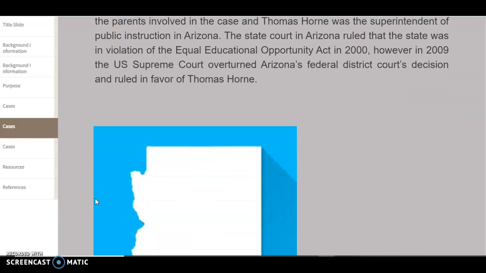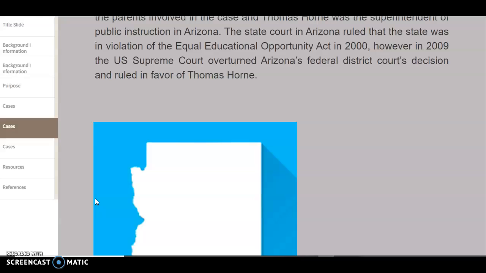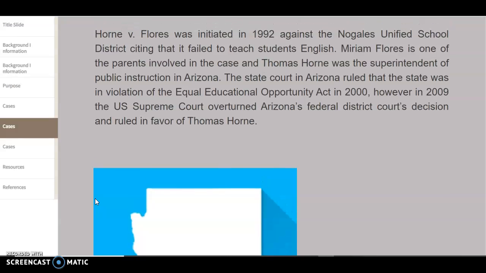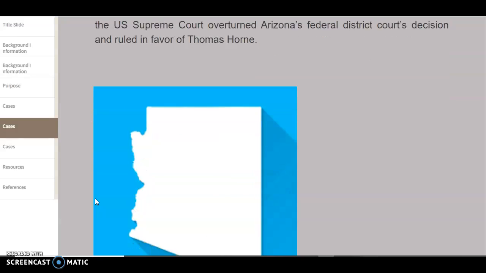The state court in Arizona ruled that the state was in violation of the Equal Educational Opportunity Act in 2000. However, in 2009, the U.S. Supreme Court overturned Arizona's federal district court's decision and actually ruled in favor of Superintendent Thomas Horne.